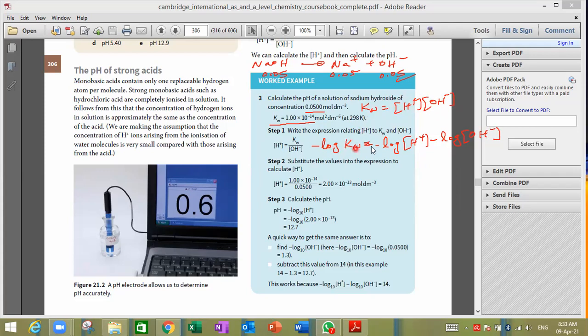But we are taking minus log, that's why we said minus log hydrogen ion concentration plus minus log OH ion concentration. So it's minus log of both sides.